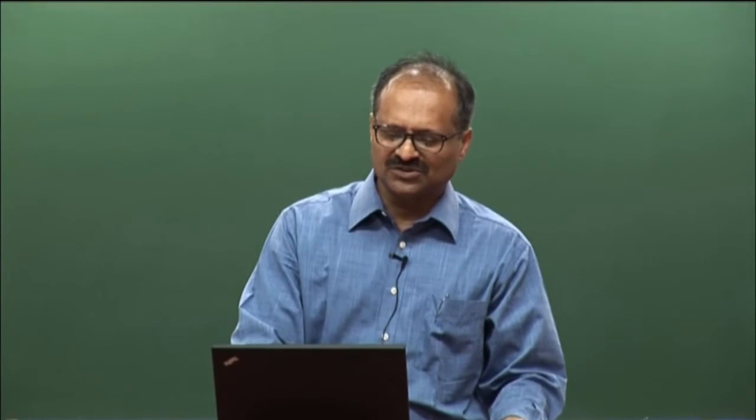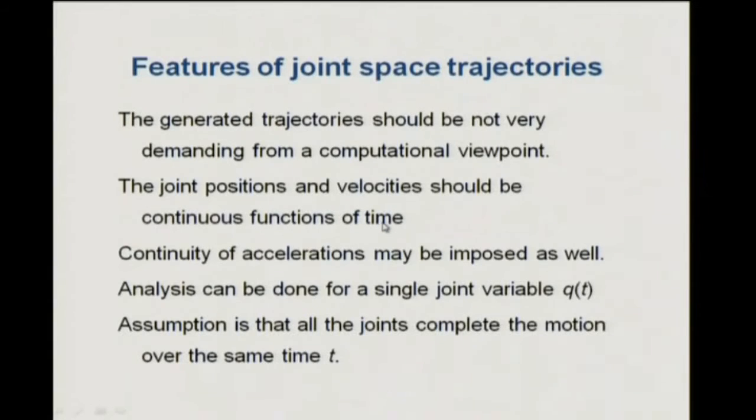And you want the joint position and velocities to be continuous functions of time. There is no reason why you do not want accelerations to be continuous functions of time, so that you do not have any jerks. But usually these systems have some built-in compliance for stability, and that takes care of the jerk.